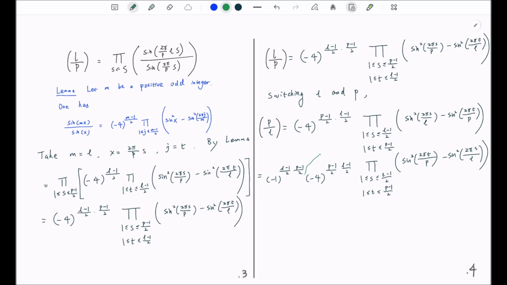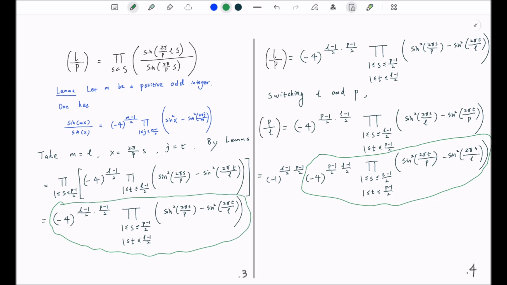And compare this with this. What do you find? We see that they are precisely equal to each other. The only difference is that the roles of t and s are swapped from here to here.